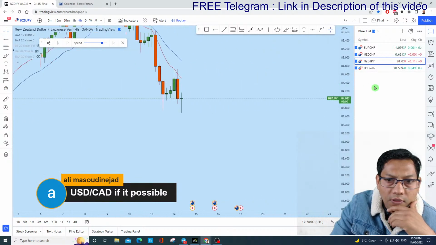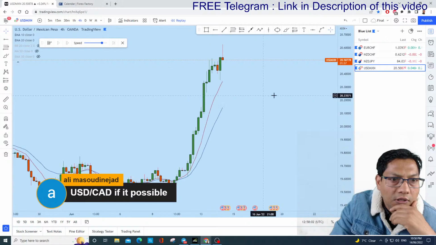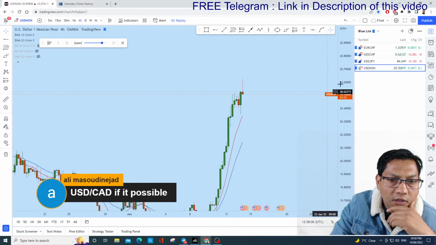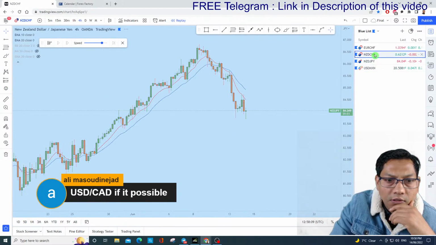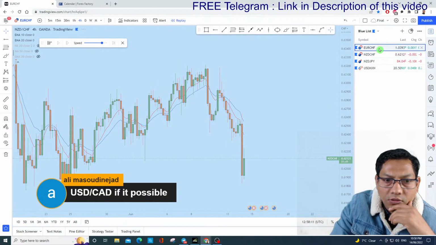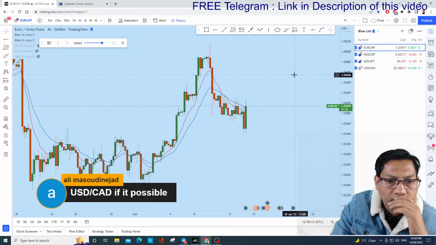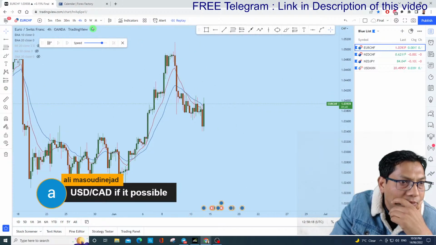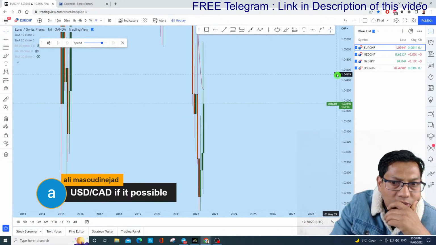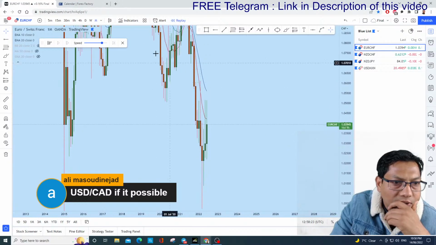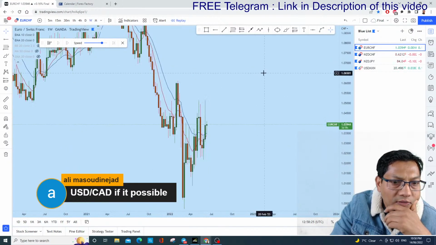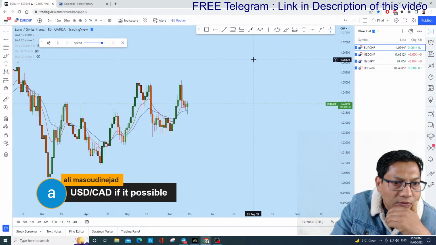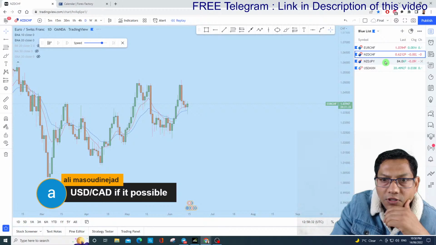Okay, let me see. And there is a selling opportunity on USD Mexican peso as well. So NZD, Euro CHF. Euro CHF also has a selling, but it's a bit risky because on the monthly and weekly it's still bullish. Daily, it's still bullish. NZD CHF.